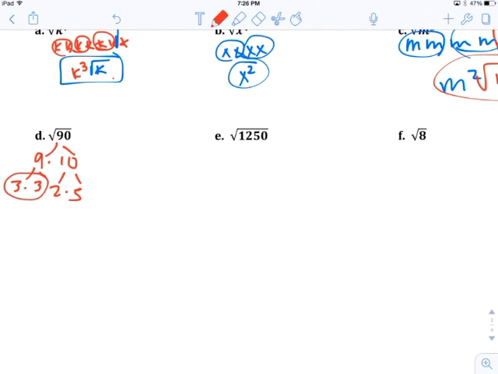It's 3 square root of 10, both of these get a square root of 10. 2 times 5 is 10. Okay, that's how you do that.